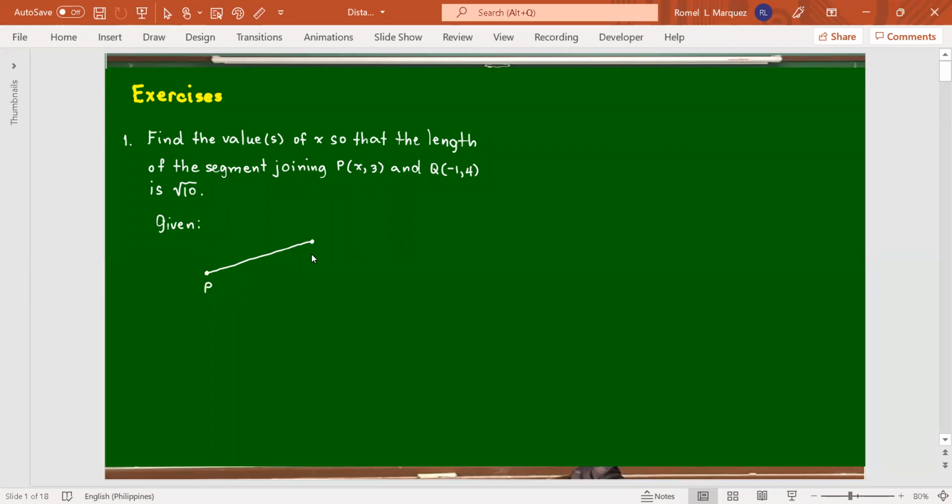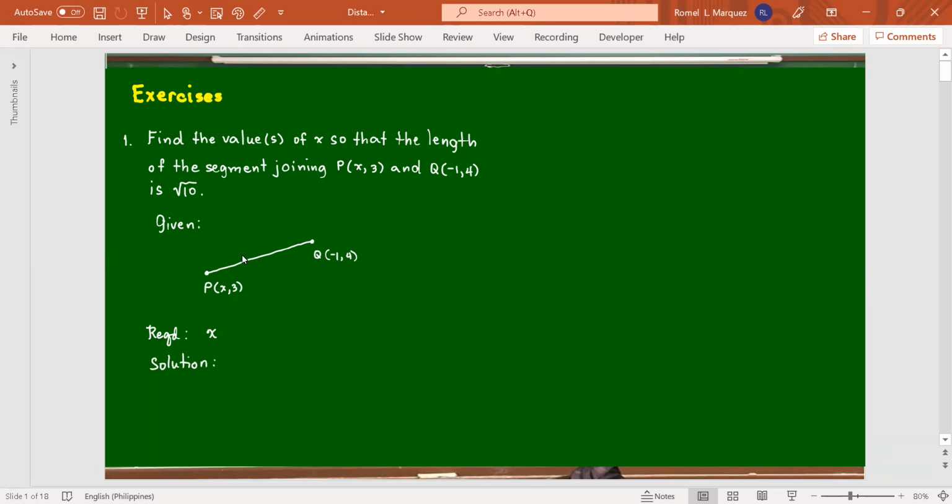Point P, and this is point Q. Coordinates (-1, 4) for Q, and for P, (x, 3). We do not know x, meaning the abscissa of the point P. We're looking for the value or values of x.